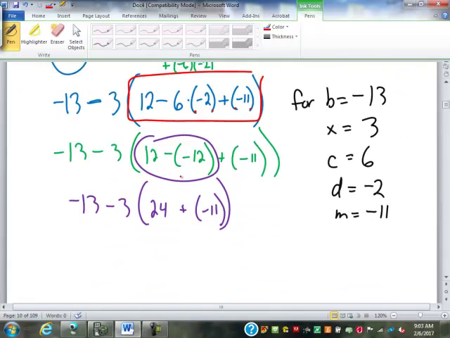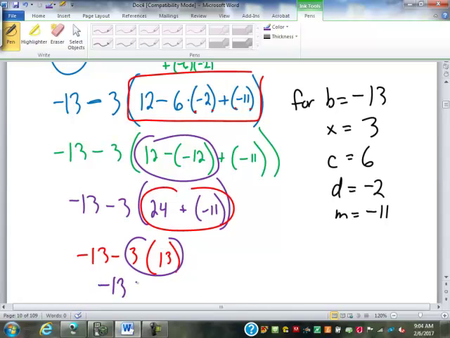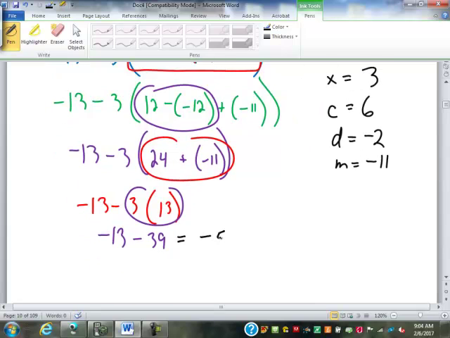What's next? 24 plus negative 11 is 13. Times the negative, or times 3, I guess we'd do. So that's negative 13 minus, what's 3 times 13? 39. And then negative 52.